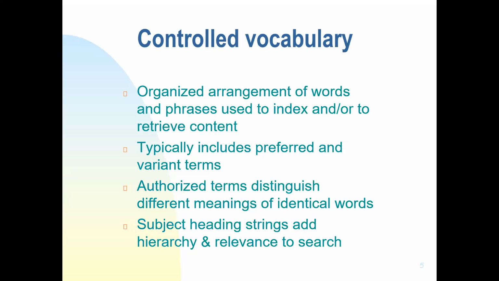The terms are recorded in authority records along with cross-references and instructions. Many of you may have attended the Introduction to Authority Records class that was last month. And we talked about how sometimes we have a preferred term like soft drinks. And if we search under pop or soda, it might direct us to soft drinks in a catalog.